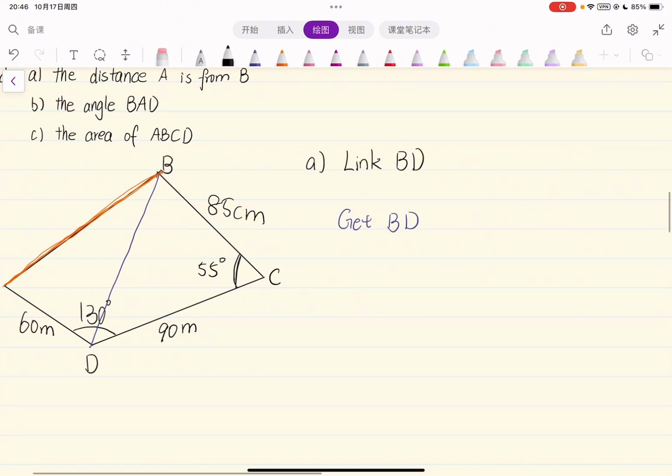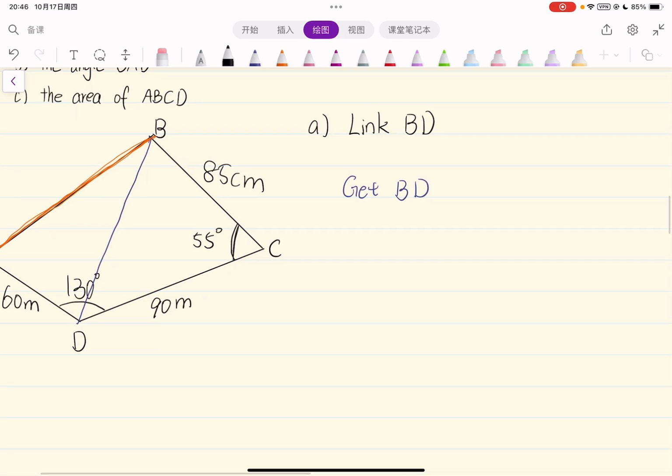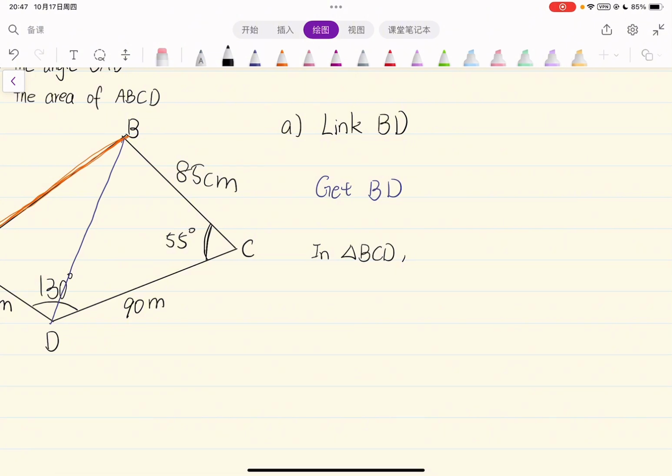Now, in the triangle BCD, we can see that we know the two sides BC and CD, and also the angle between these two sides. So we can find the side BD by using the cosine rule.